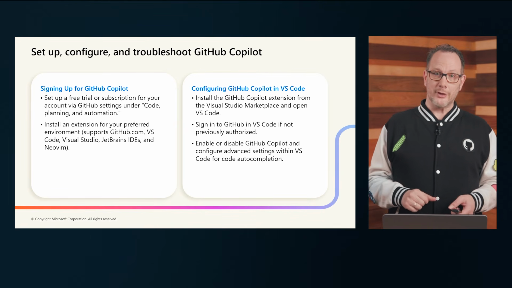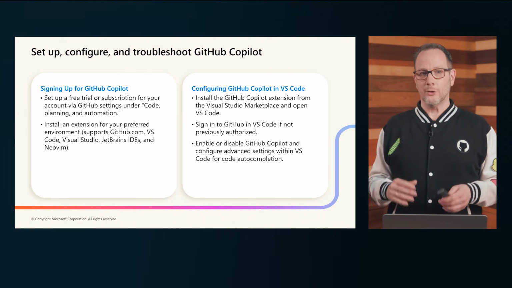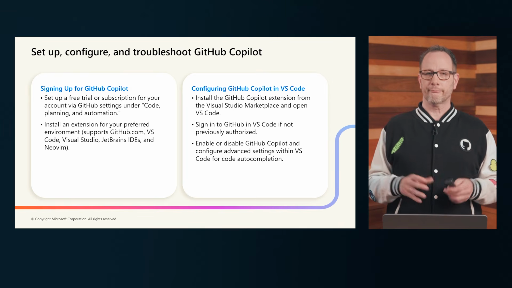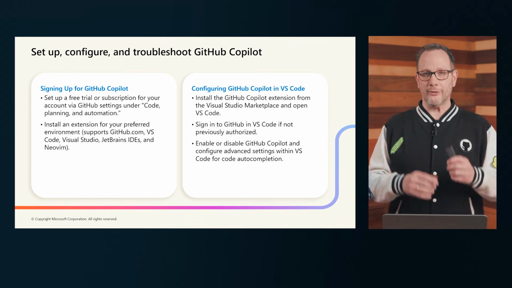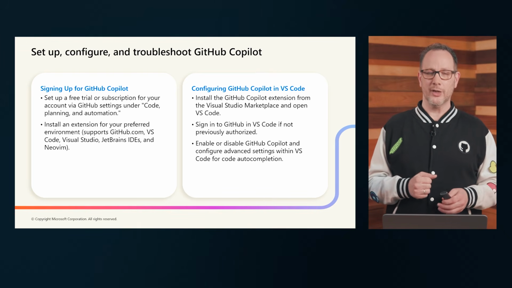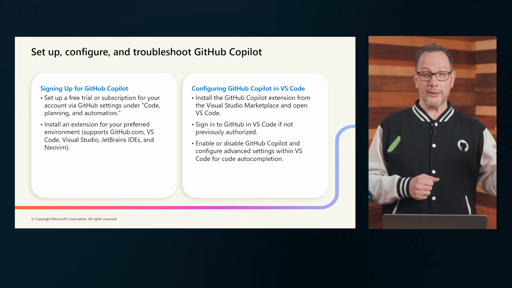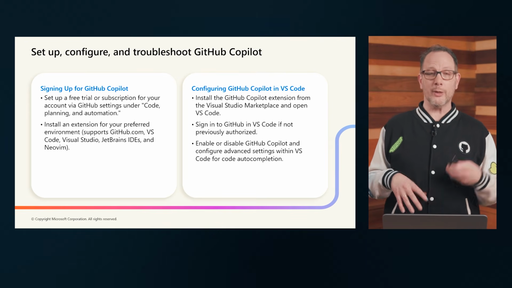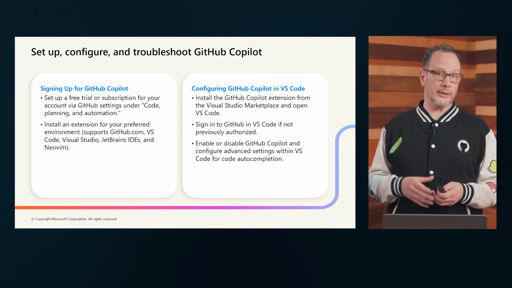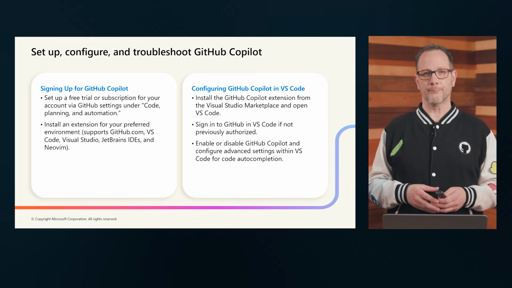Before we jump into demos, it's important to understand the setup and configuration process. You start with activating Copilot for your account through enabling the license. Now remember, you have the Copilot Free Plan, which can be used with a personal account, or you need to choose from several paid plans as an organizational user.